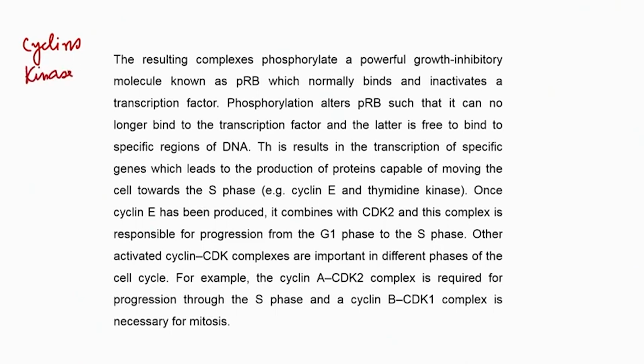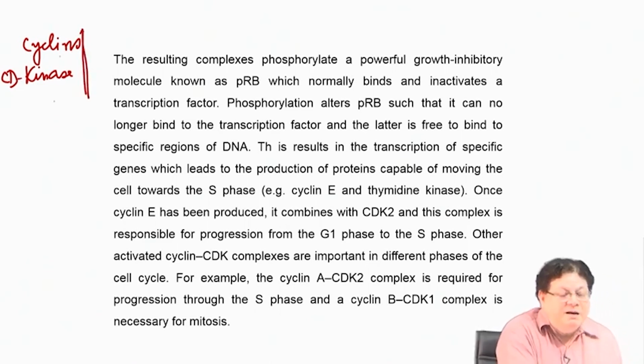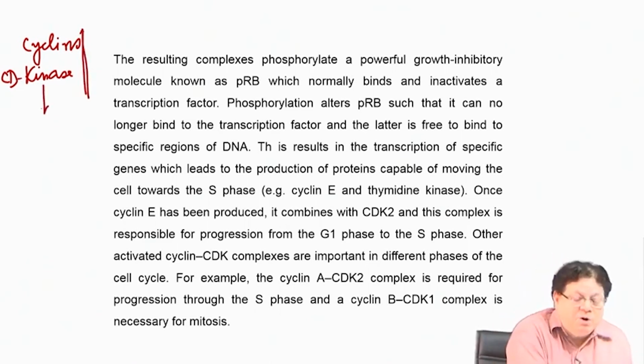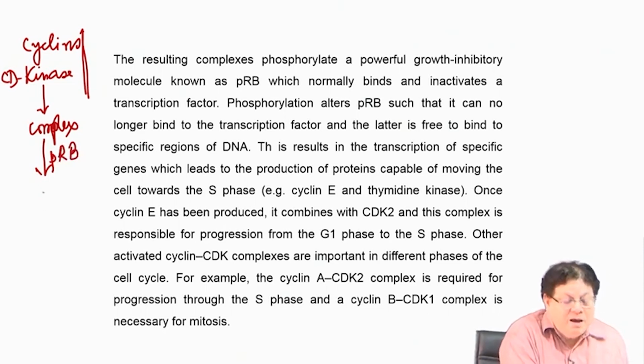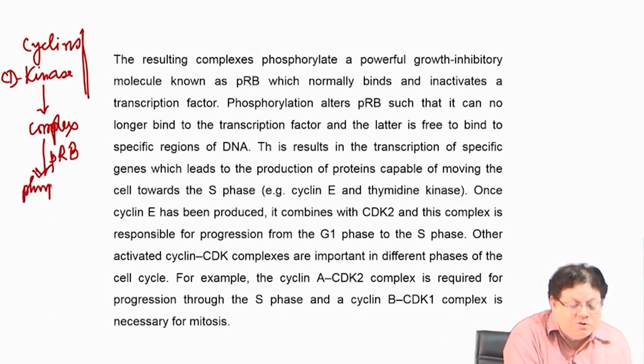Each cyclin has a counterpart kinase, CDK. Now what happens is that the cyclin and kinase form a complex, and this complex binds to another protein which is called PRB, and so the PRB becomes phosphorylated.